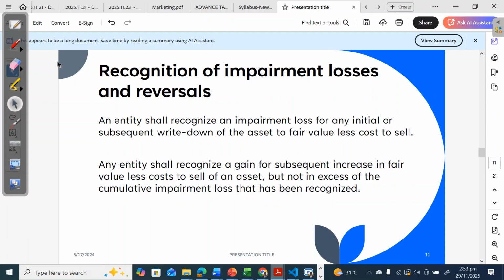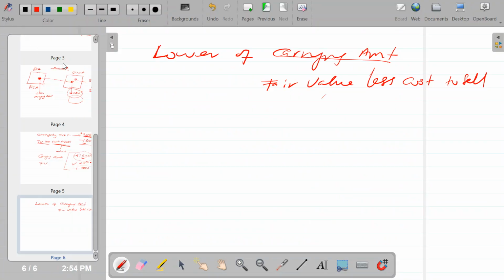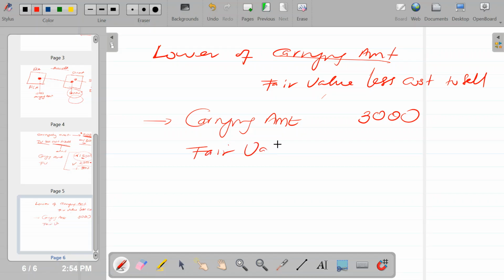Okay. Now, if the carrying amount of the asset is more than its fair value, so if the carrying amount of the asset is maybe 3,000, the fair value less cost to sell is 2,000.